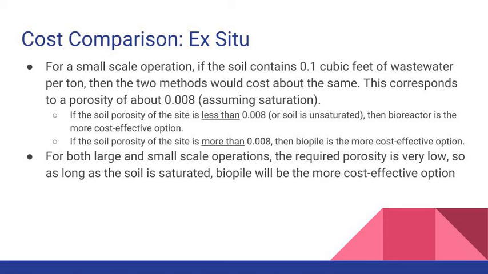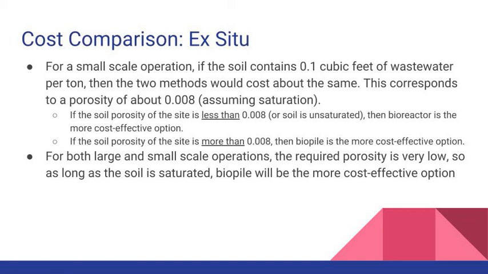But if the soil is unsaturated, this water content is realistic. If the porosity is less than this value of 0.008, then the bioreactor is once again the more viable option. If the porosity is higher than 0.008, the biopile is the more cost-effective option. For operations of either size, if the soil being treated is saturated, then the biopile will almost always be the better option.